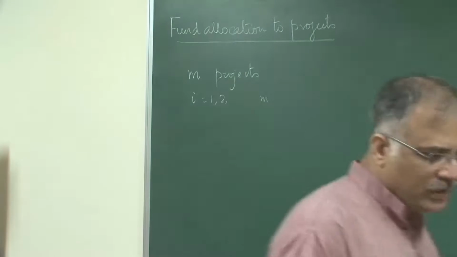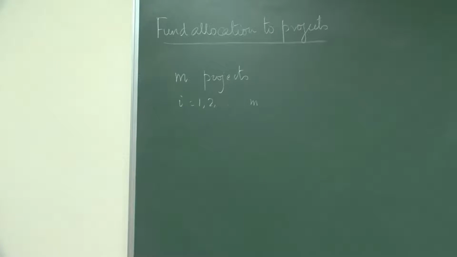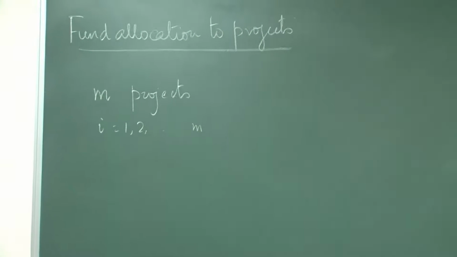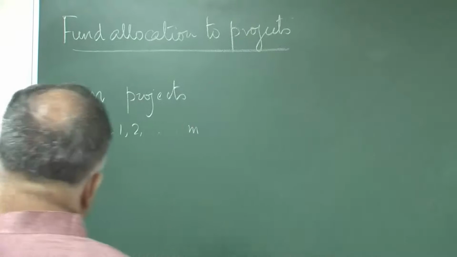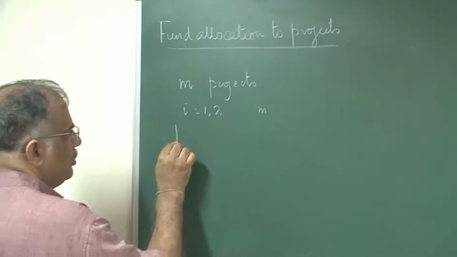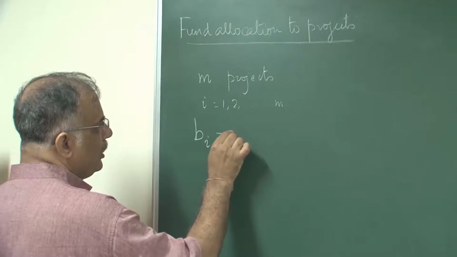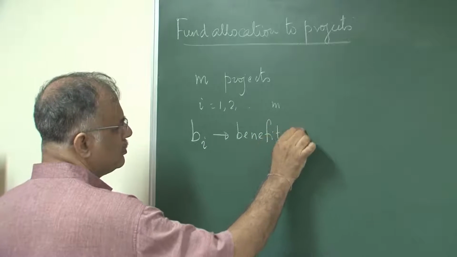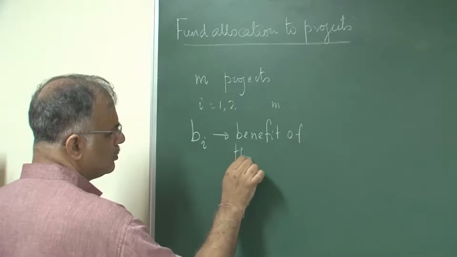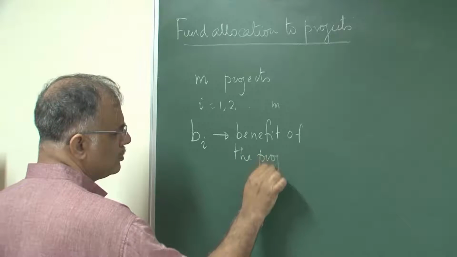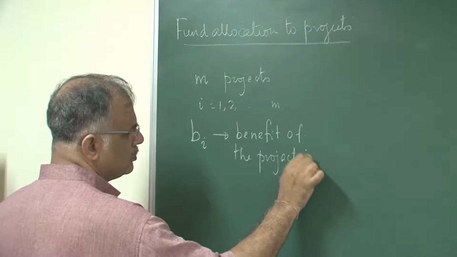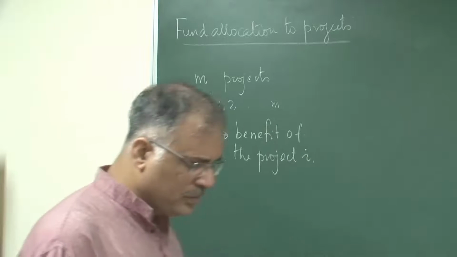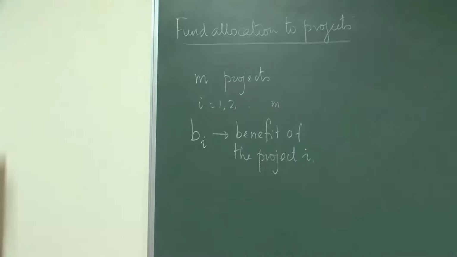Each project has a benefit Bi. Bi is usually the net present value. What is Bi? It is the benefit of project i. What is the meaning of the benefit of project i? Every project would have a cash flow stream associated with it.